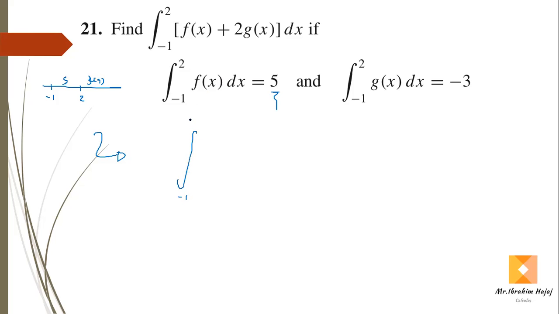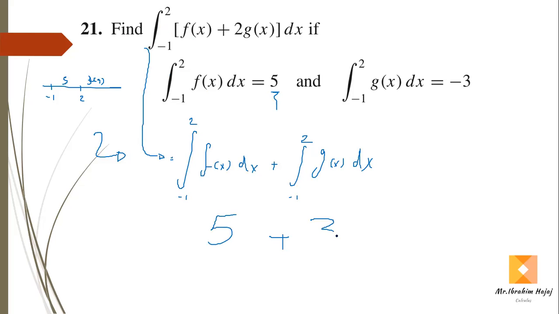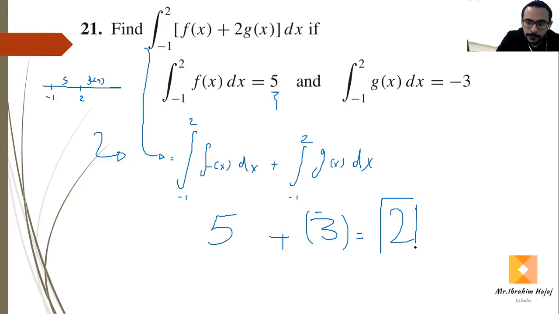So the integral from negative 1 to 2 of f of x dx, and then plus from negative 1 again to 2 for another function g of x dx. This one is 5 and the other one is negative 3. When you add up here, it's what? 2. Okay, and we split out the two integrals الحالهم كل واحدة طبعا given الفاليو بتاعتها.